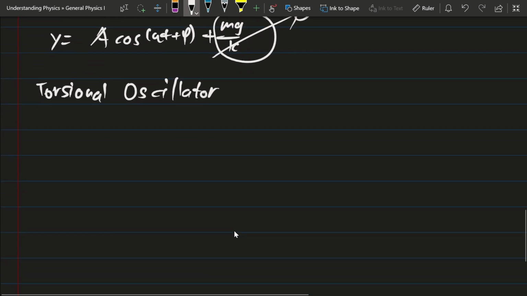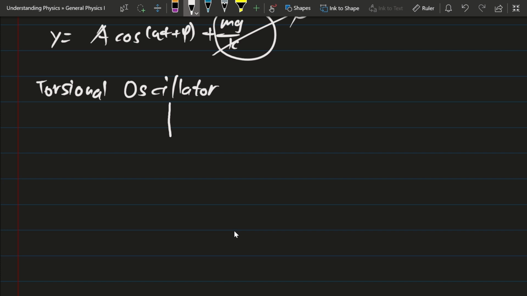So if you have an object here, let's just do it like that, and then you twist this such that the string will just twirl within itself. It will later create a potential energy such that when it is released, it will be transferred into kinetic energy in the form of rotational energy.